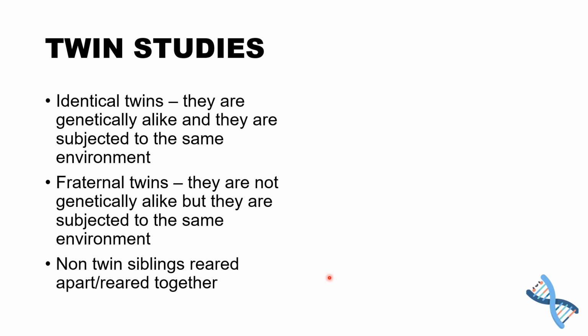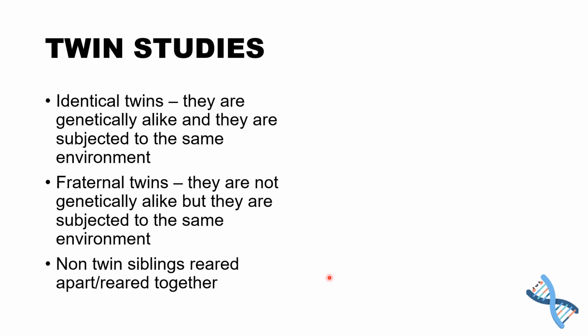With that, we also have yung twin studies na tinatawag. We have here yung identical twins. They are genetically alike and they are subjected to the same environment. Yung same environment, ito yung environment doon sa sinapupunan ng nanay, doon sa uterus kung saan nade-develop yung twin.